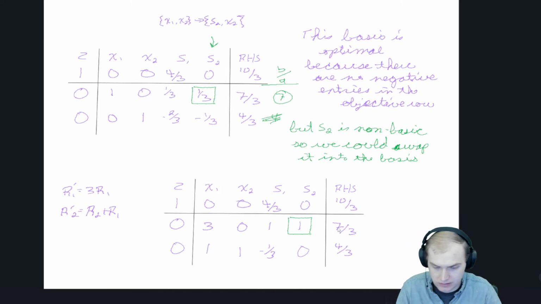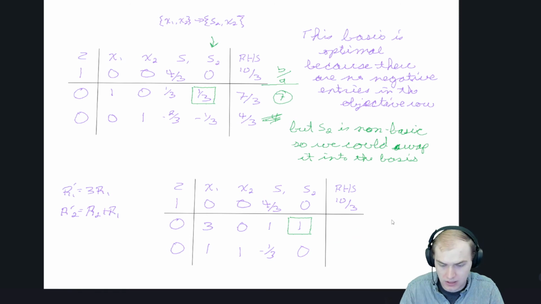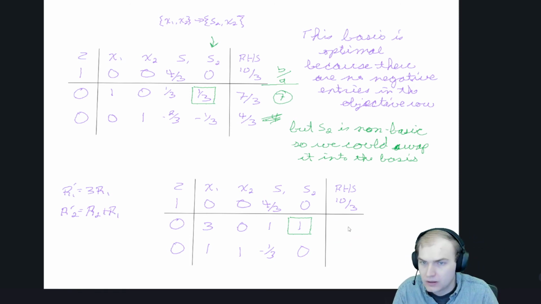And I neglected to change the objective function. So I multiplied it by 3, so that's 7. And I added 7/3 to 4/3. It's going to be 11/3. So now we're at a new basis, a new optimal solution.